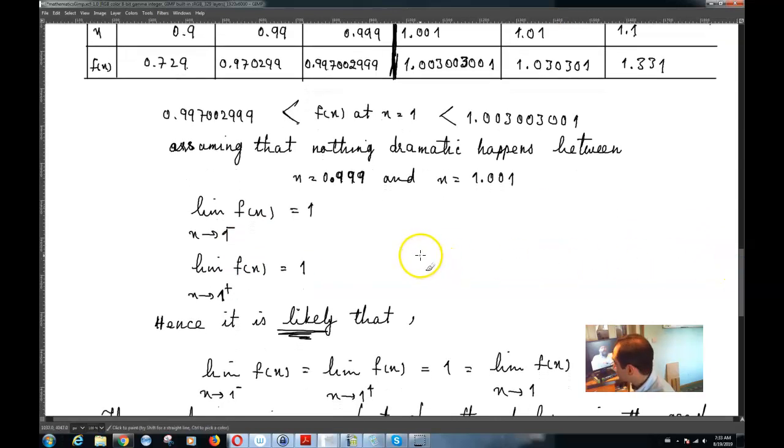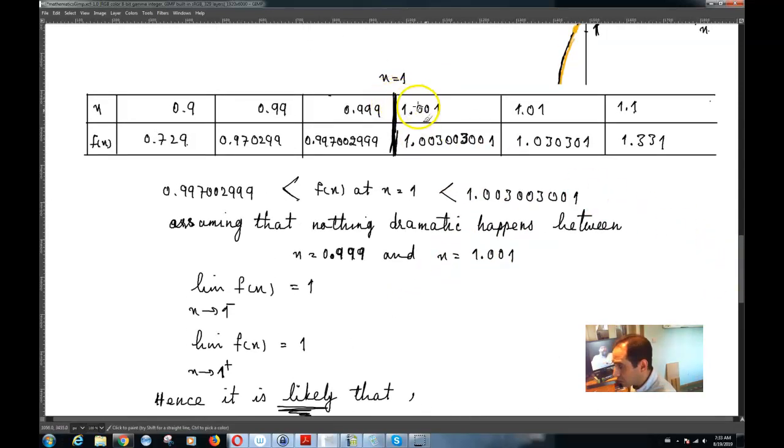And again, we made the same assumption over here, that for example the value of f of x at x equal to 1 seems to be equal to 1 as dictated by these numbers.